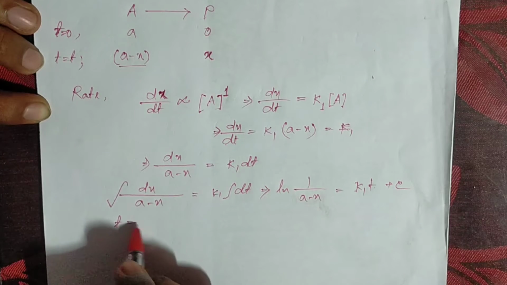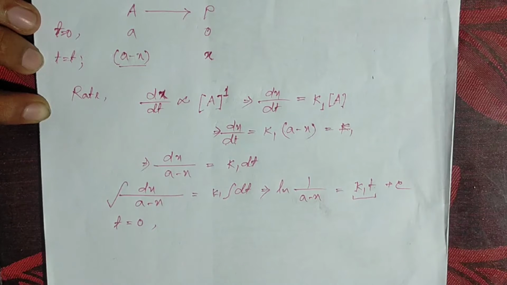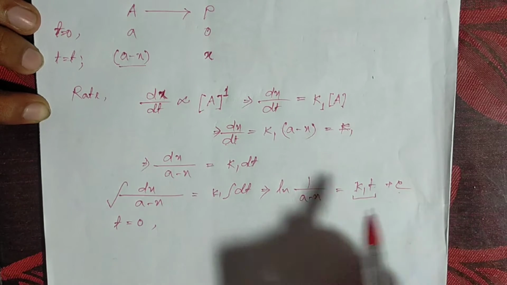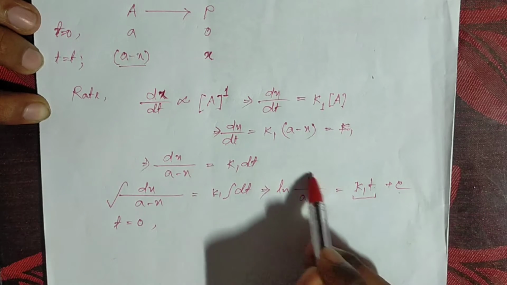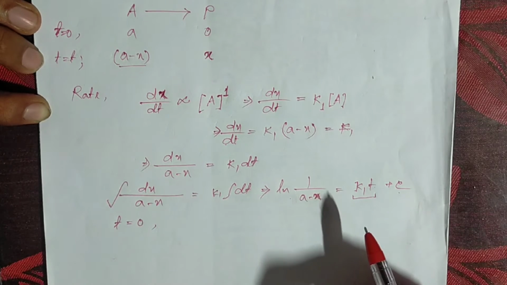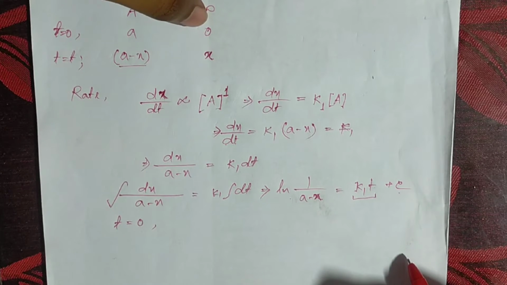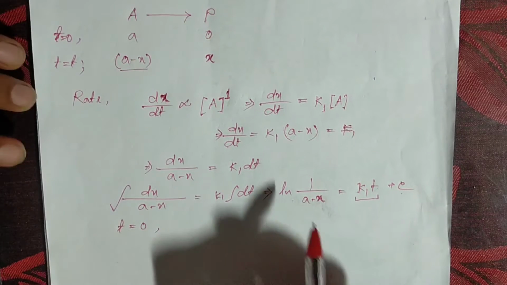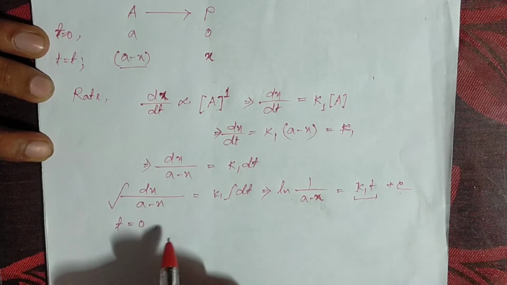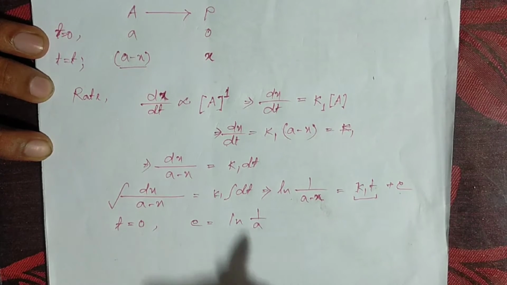When time is 0, this part is 0. So c will be equal to this part, but when time is 0, that is the initial state, there is no product. So x is 0, and we can write c is equal to ln 1 by a.